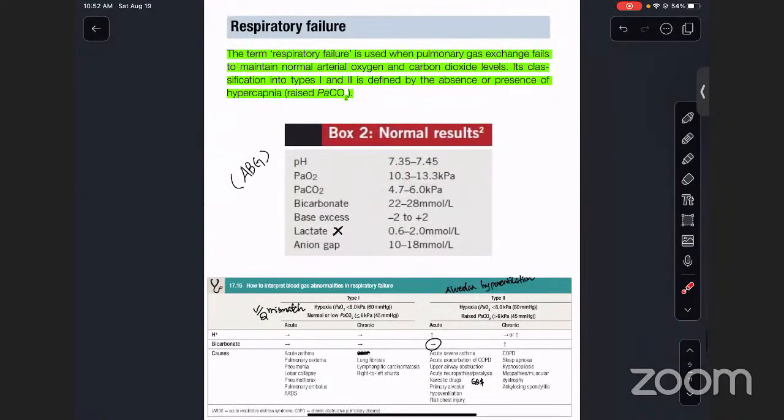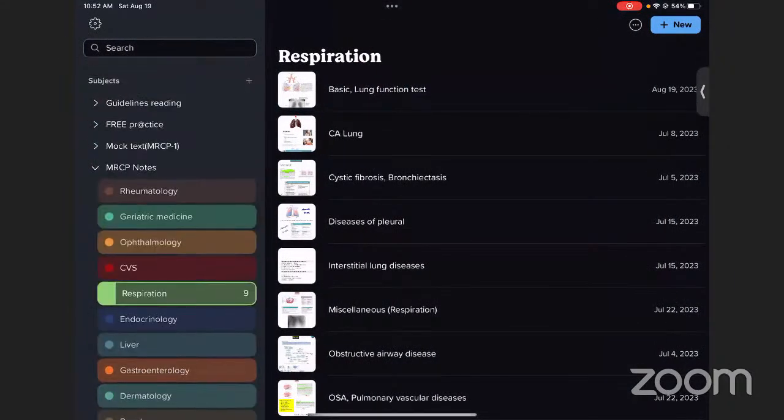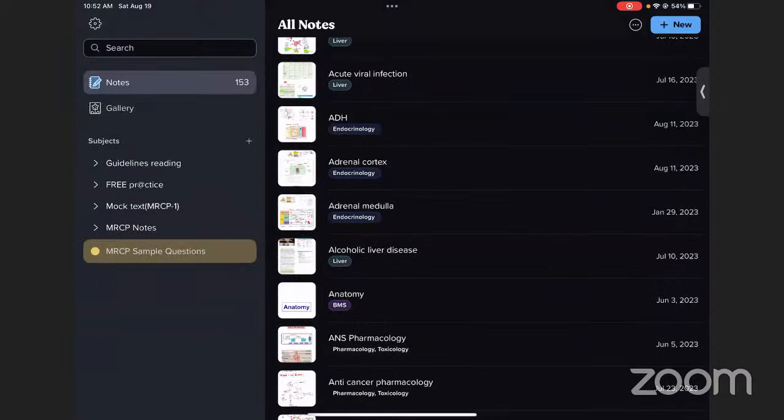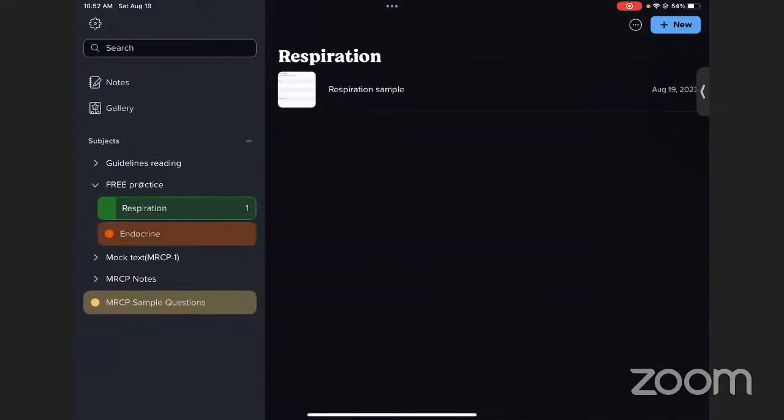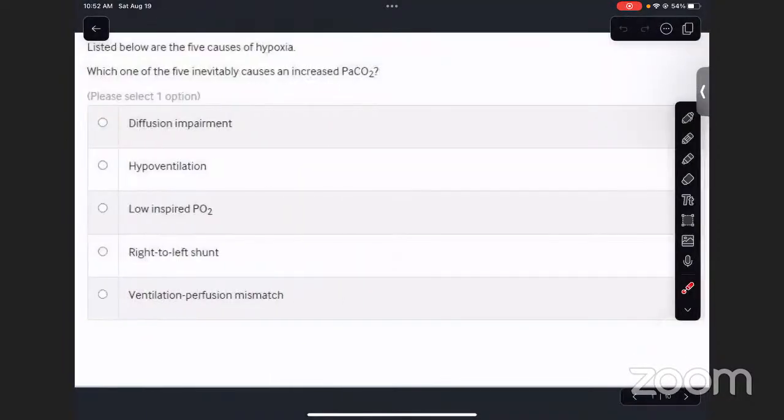So let's start with some examples from some study materials, like on exam and past medicine. This is one of the questions.